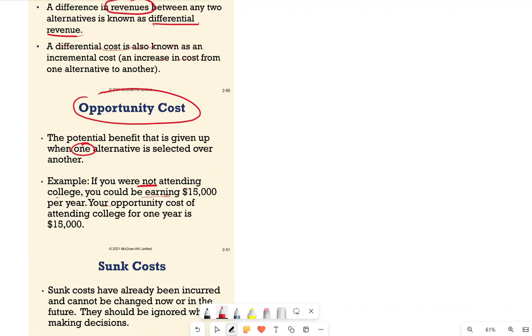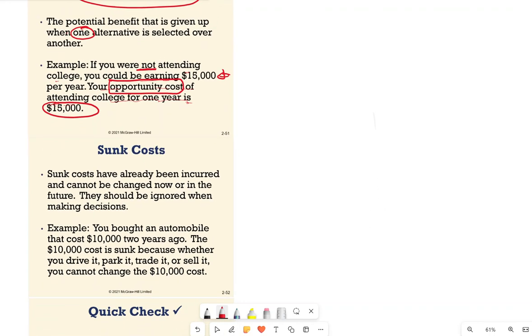Your opportunity cost of attending one year of school is 15,000. If you don't go to work and decide to come to school, then you're giving up your earnings.